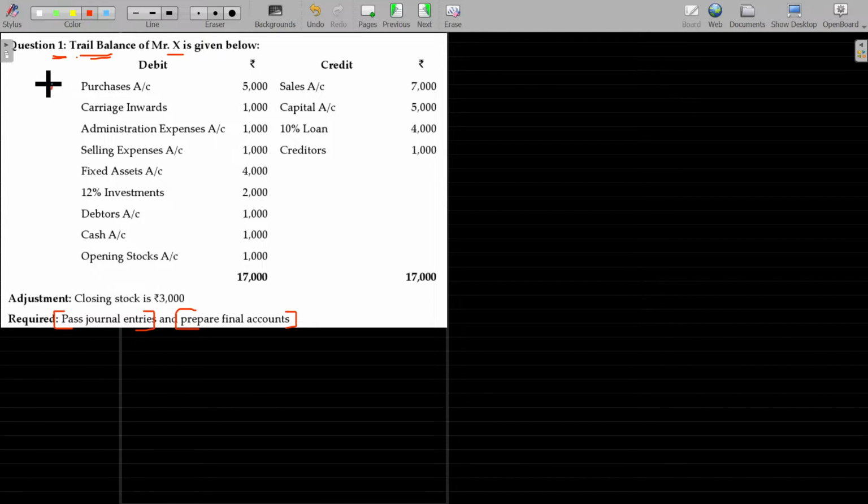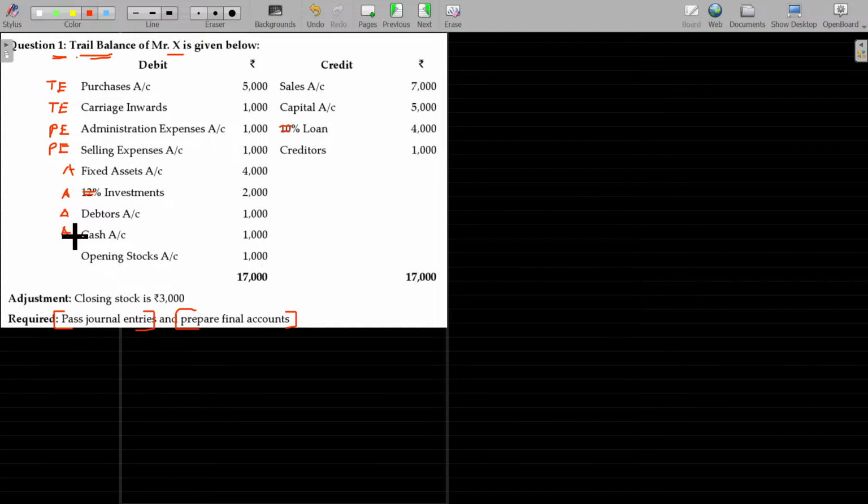Let me finalize where the items will go. Purchases will go to the trading account, debit side. Carriage inward, trading expenses. Administration, P&L account expenses. Selling expenses, P&L account expenses. Fixed asset. 12% investment, asset. Okay, cancel the 12% here, I just eliminate this. Debtors, asset.